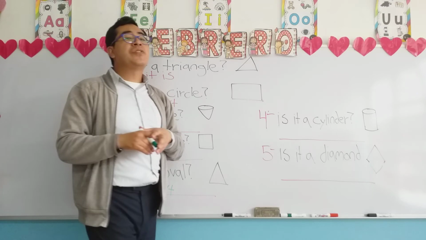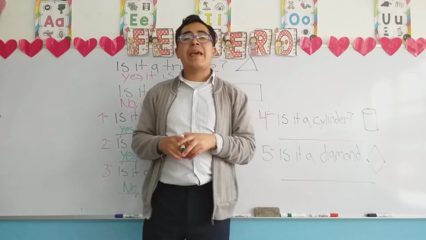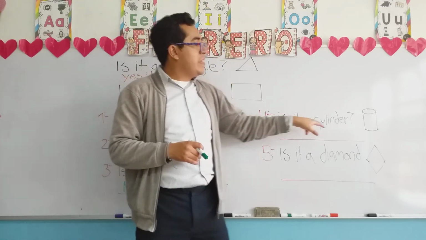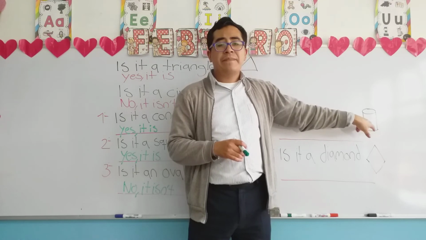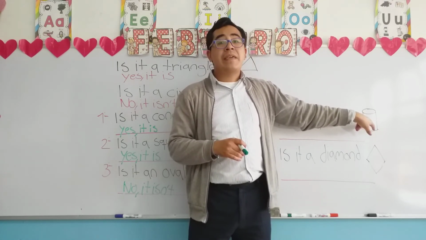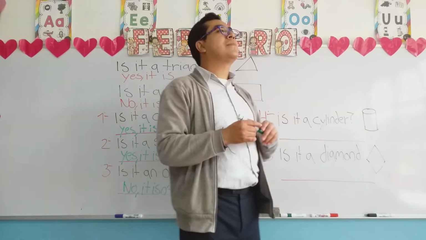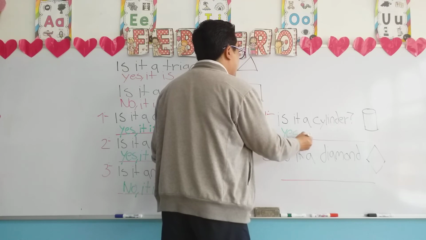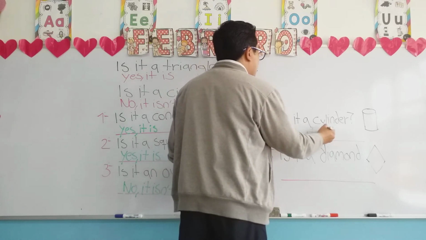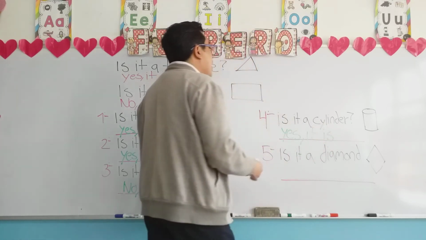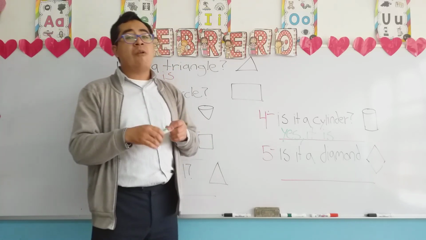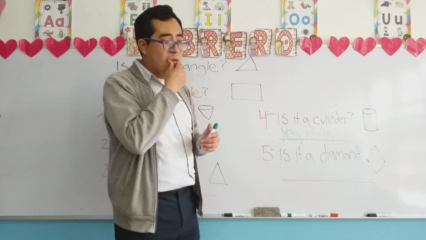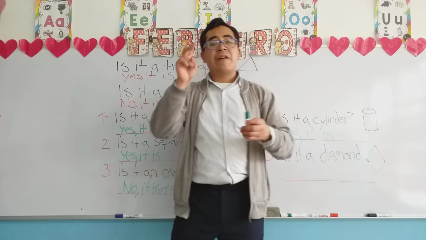Then, question number 4, it says, is it a cylinder? Is it a cylinder? Yes, it is. Yes, Y-E-S, comma, I-T-I-S. Yes, it is. Now, objects that have the shape and form of cylinders, we have 2.